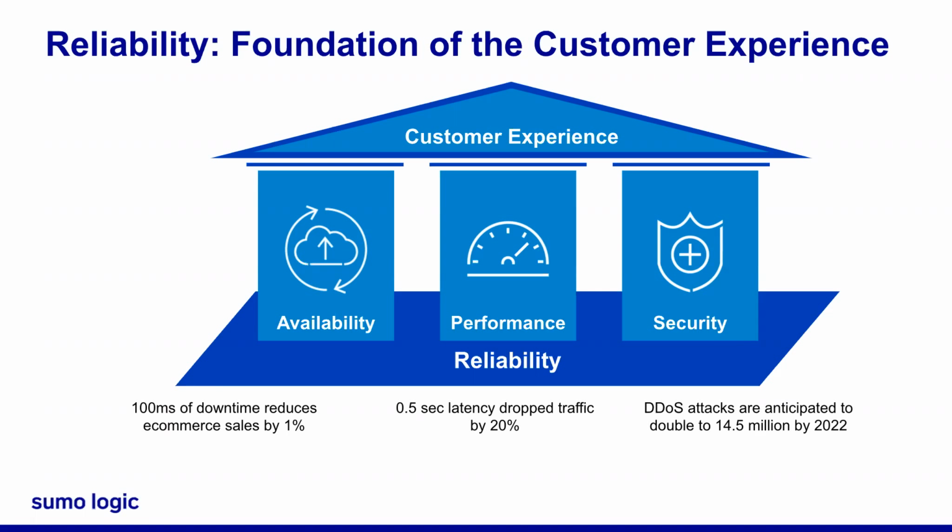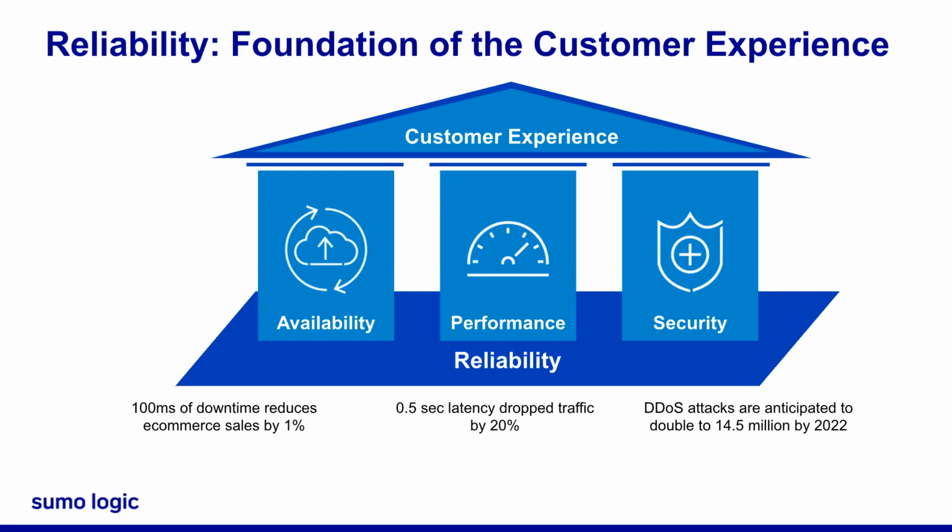So that little bit of downtime can result in loss of sales, loss of money, and of course that's not good. For performance, having 0.5 seconds of latency drops traffic for a giant search engine by 20%. Once again, bad performance means bad reliability and bad customer experience. Maybe that customer now thinks about using a different search engine.